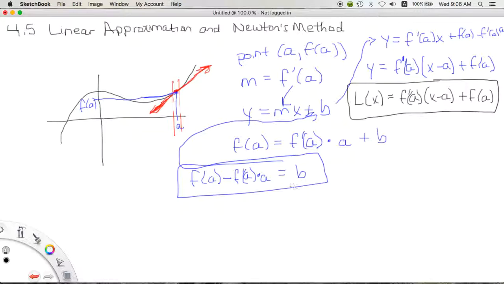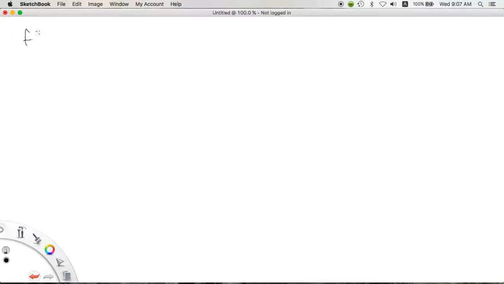So if they give you a function and want you to find the linearization of it, for example, say we have the function f of x equals x squared, and we want to look at the point 1, 1.